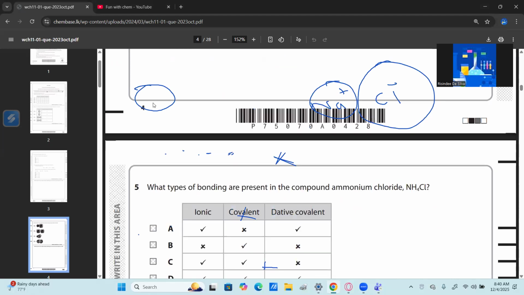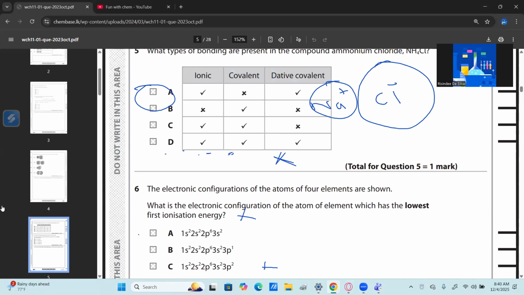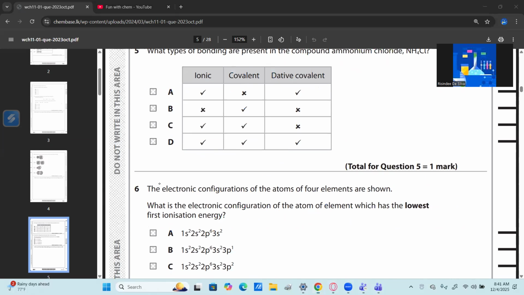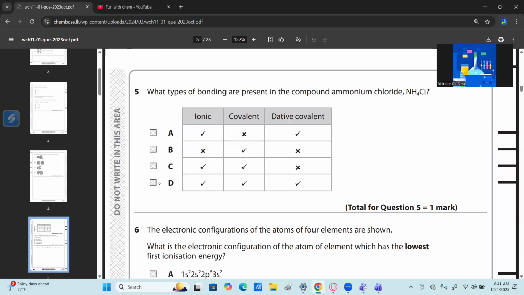Then if you go to the fifth one, what type of bonding is in the compound ammonium chloride? Ammonium is a positive ion. Between ammonium and chloride, we have ionic bonding, right?